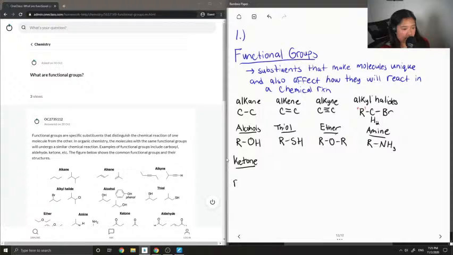I'm going to draw it like this. And this is when you have a double bonded oxygen in the middle of two carbons or carbon groups. So another way that we remembered this is that you put the key in the middle of two like R groups, so ketone.